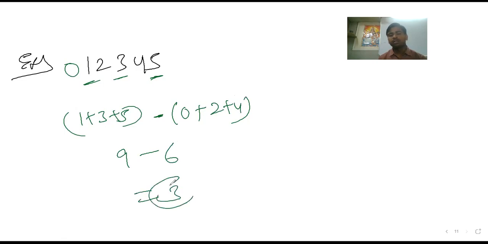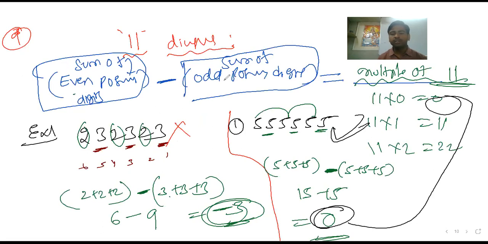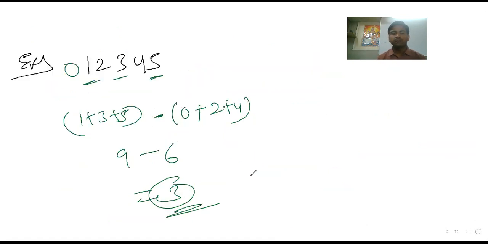The answer is 3, but 3 is not divisible. So whether it is even position minus odd position or odd position minus even position, whatever it is, the difference must be a multiple of 11. Then only it is divisible by 11, otherwise it is not. So it is not divisible by the 11 table. I hope it's very clear.